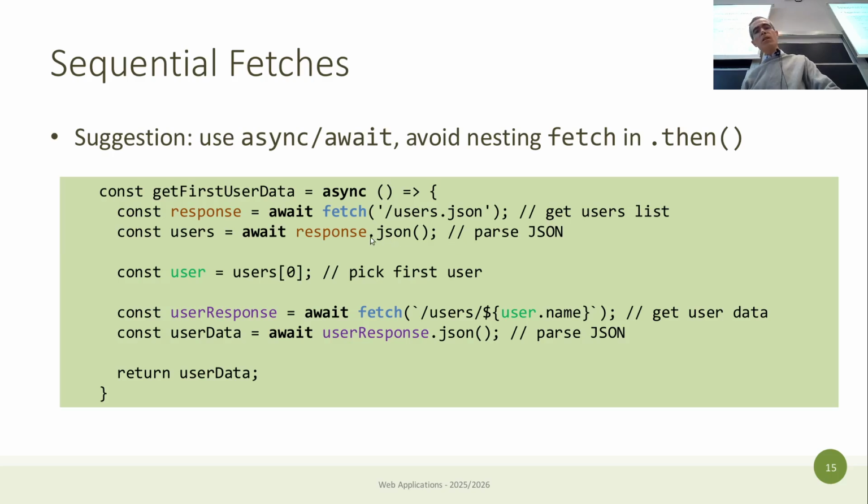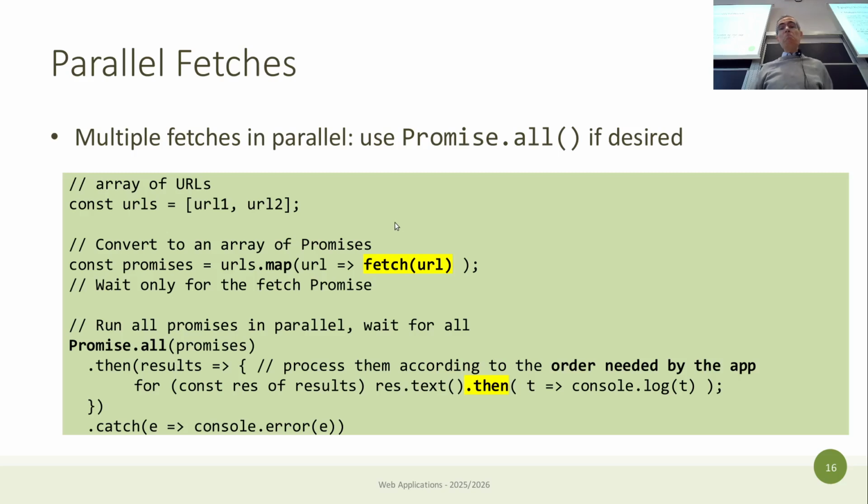Because response.json returns a promise again, for two reasons: because it accesses the body that might not be finished yet, and because it might take a little time to parse a complex JSON. So they didn't want to write a blocking function, and the promise is resolved with the JavaScript object when the parsing is finished. Good. So sequential fetch is probably the most common case, but you might want to have parallel fetches as well.